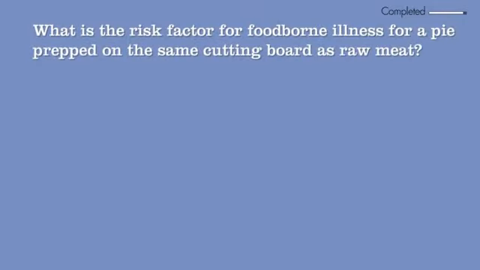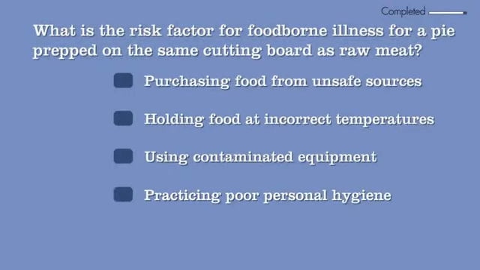Nicely done. What is the risk factor for foodborne illness for a pie prepped on the same cutting board as raw meat? Yes, the cutting board may be contaminated and could cause a foodborne illness.